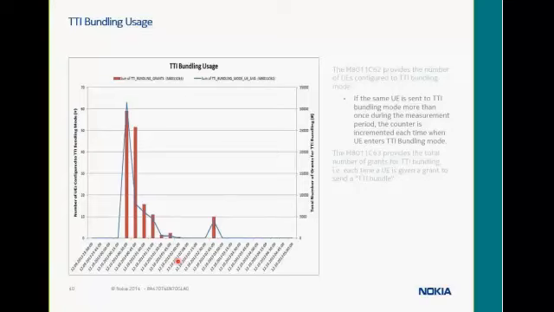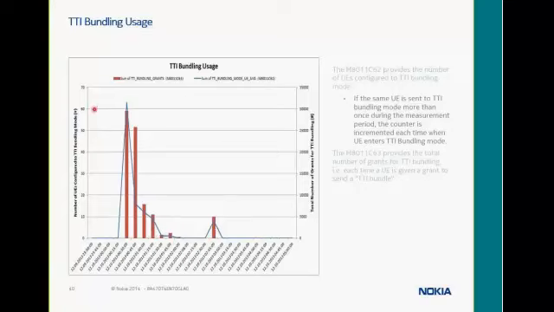Remember, the subscriber has to have TTI bundling in one of the bearers for it to even use the bearer. So if we have subscribers that don't have that kind of bearer, they wouldn't be going into TTI bundling. This is showing an example of what we had in a test case that we were given, showing where the grants were.